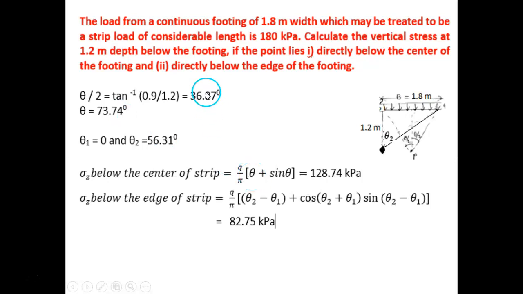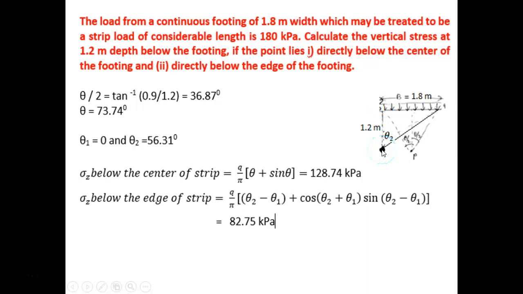Then in the second point, it is asked to find the increase in stress at a point directly below the edge of the footing at this point. So here when you join the endpoints of the strip load to this point, we'll be getting the values of theta 1 and theta 2. But here this edge is exactly above this point, so there is no theta 1, right?